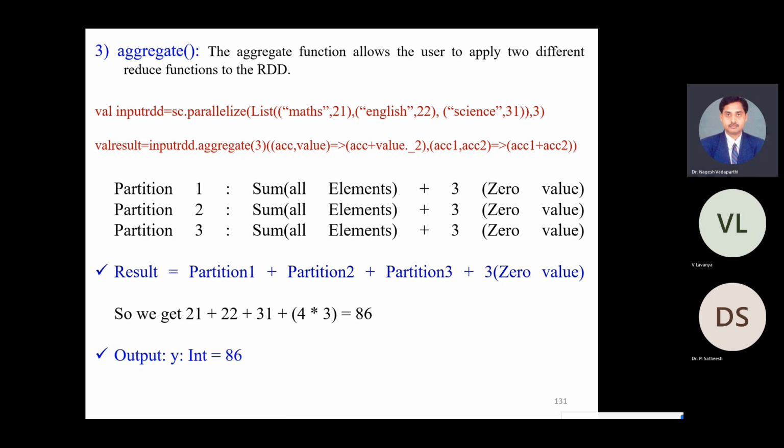Next, partition 2, sum of all elements plus the 0 value. Partition 3, sum of elements the third time. Now finally we are combining, that means aggregating, partition 1, partition 2, partition 3 and the 0 value. Now here, so we get 21 plus 22 plus 31 plus 4 multiplied by 3, 12.